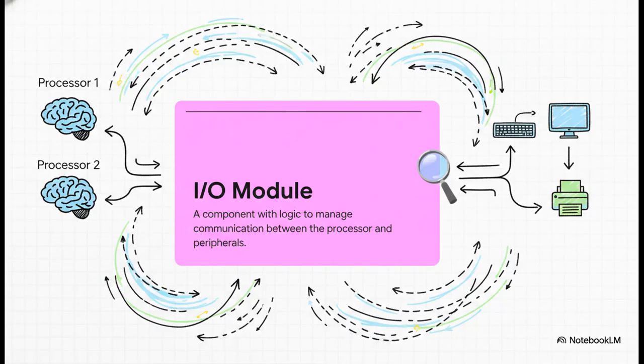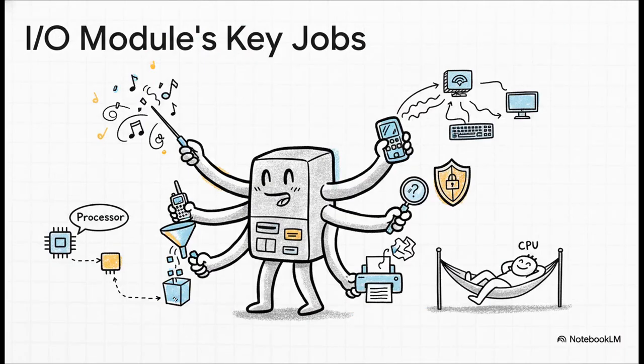So if we're getting a little more formal about it, an I/O module is a specialized little unit with its own logic. It's got its own brain, in a way, and its entire job is to manage this flow of information. The key thing to get here is that it's not just a dumb plug adapter. No, it's an active manager. It's the thing that makes this whole Rube Goldberg machine actually work together. And wow, does it have a lot of jobs on its plate.